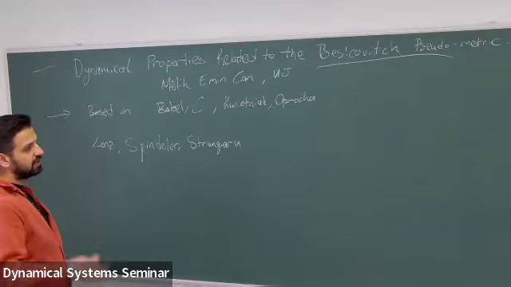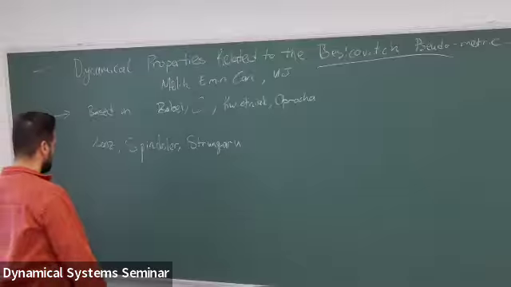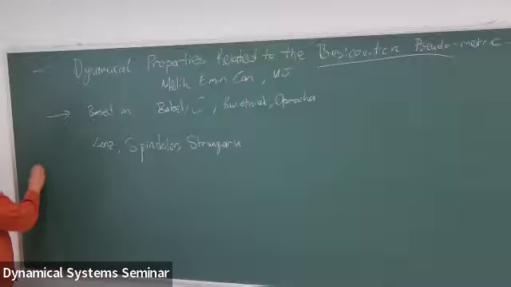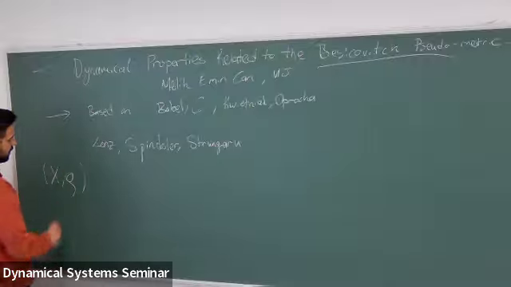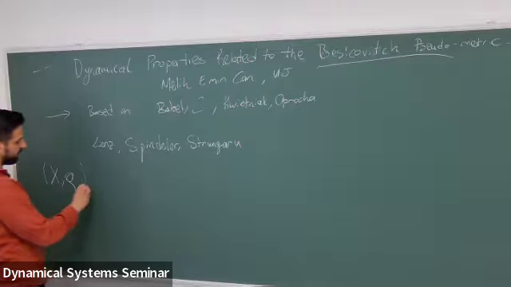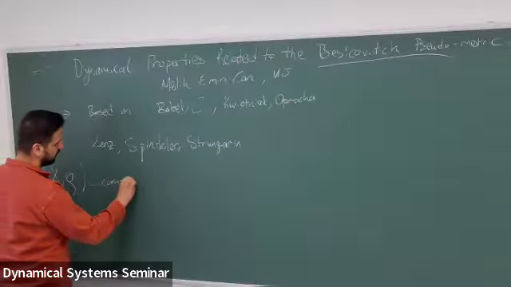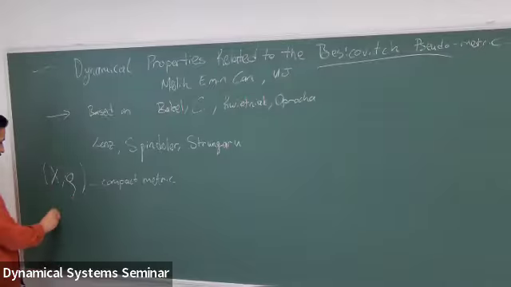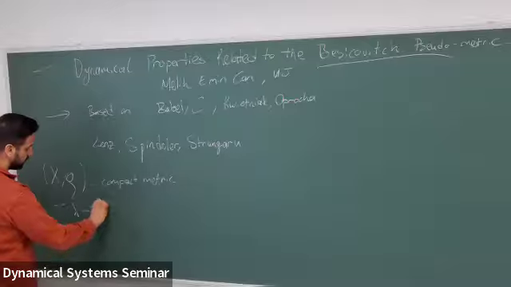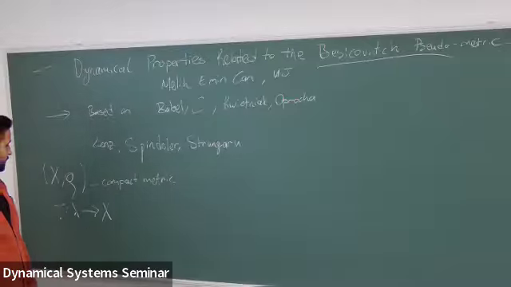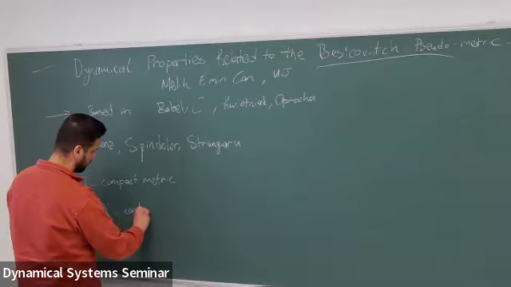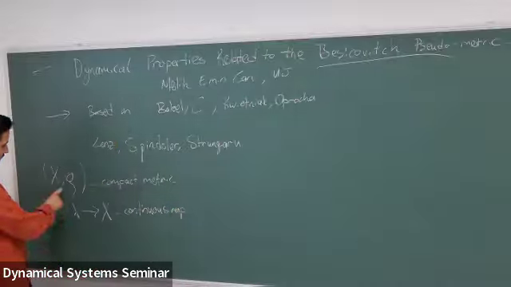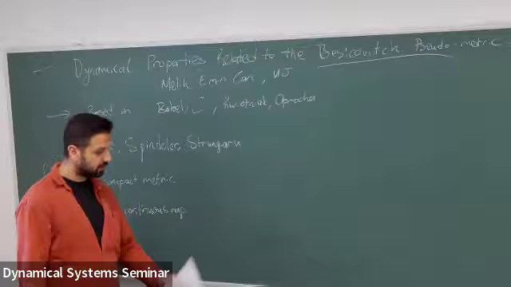Okay, before going to spectrum and generic points, I should define the main objects and some basics. For us, X with the metric rho is a compact metric space, and we have a continuous map T from X to X. So basically, (X, T) is a topological dynamical system.